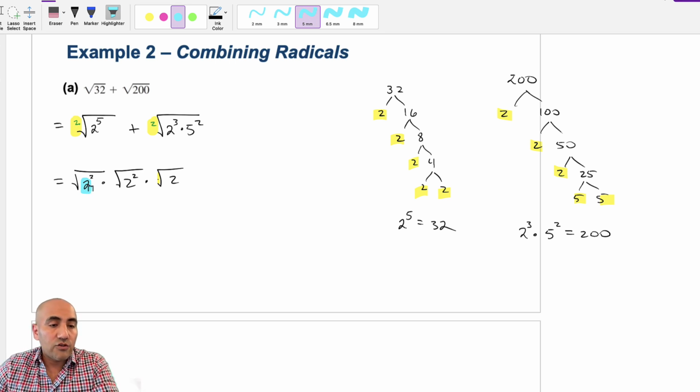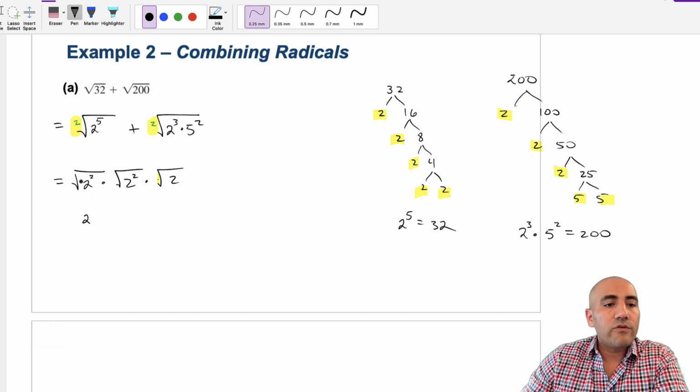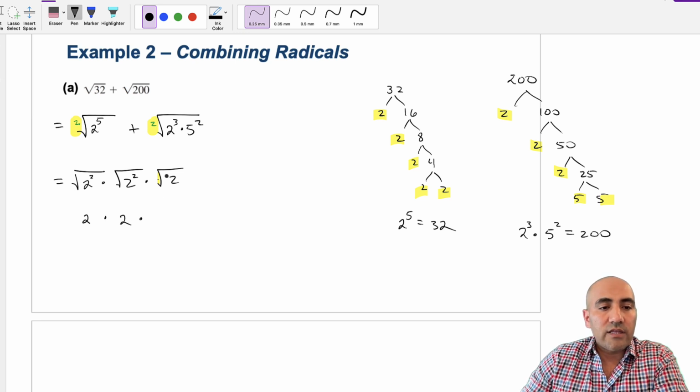But I know it's a 2. A 2 is positive, so I don't have to worry about that. The answer is just going to be 2. So this gives me a 2, or the square root of 4, same thing. Square root of 4, so that's going to be 2. Times, well, there's nothing we can do there, so let's just leave that as a 2. So this leads to 4 root 2.